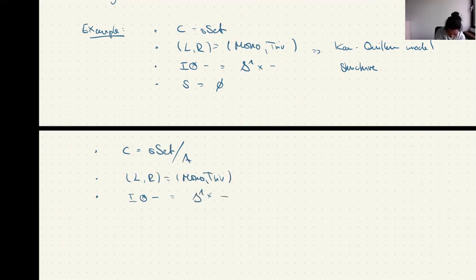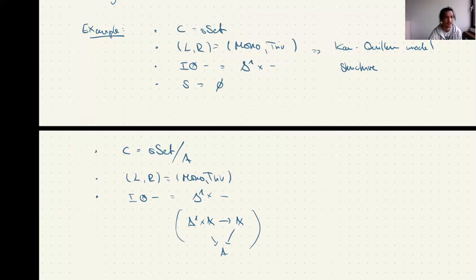I'm going to just draw a diagram for this. What we do as a cylinder is we first take the projection to an object over A, and then compose with a structure map. That's how this cylinder works on the slice category.